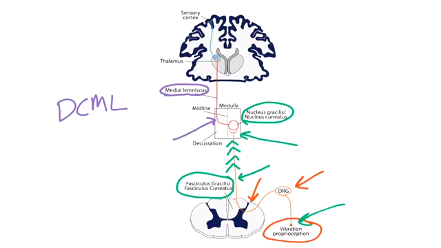So we're using the medial lemniscus, and this neuron goes until it reaches the thalamus, and again it synapses onto the ventro-posterior lateral nucleus of the thalamus. Then this third neuron travels up until it reaches the primary sensory cortex. And this is discussed in section 1 of this chapter.